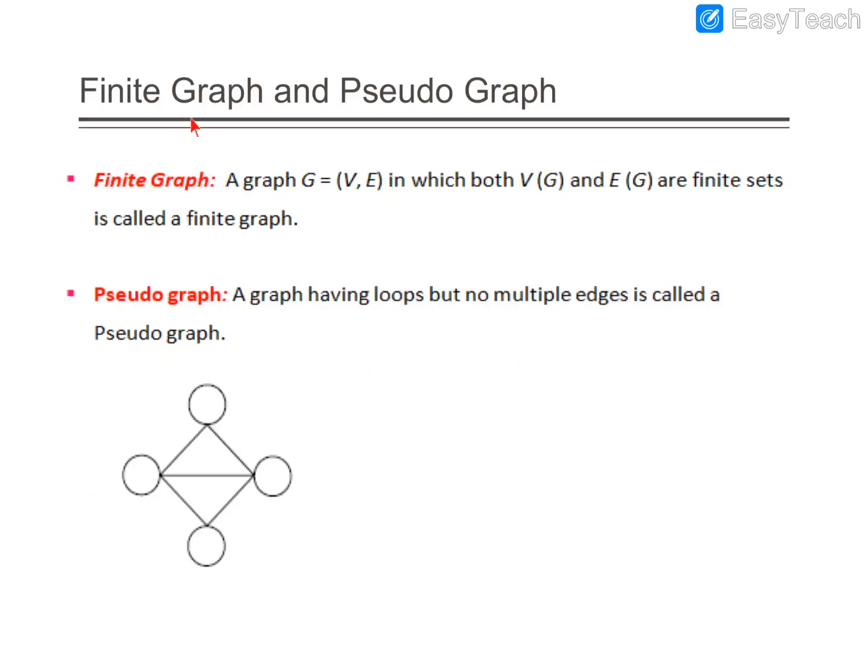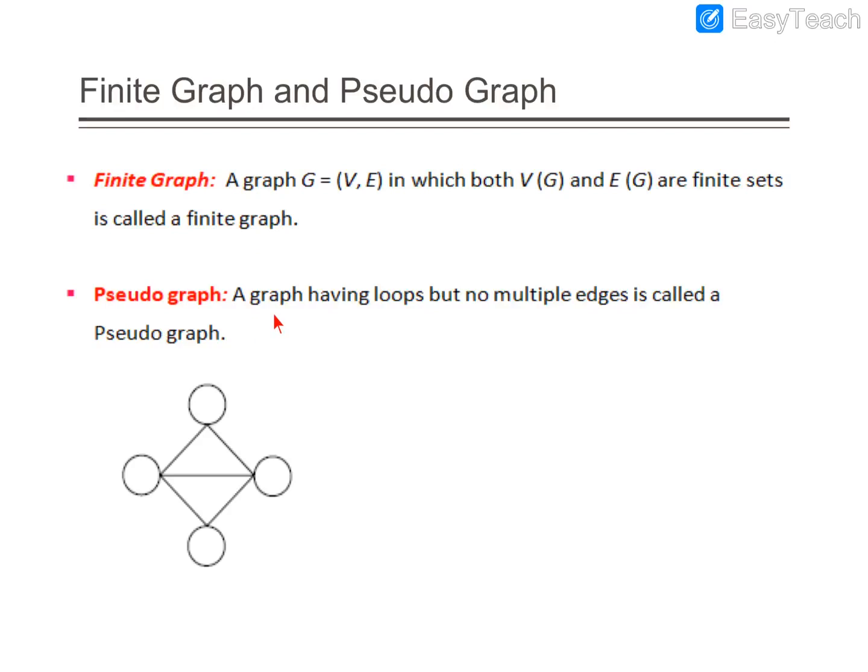Now, what is a finite graph? A graph G = (V, E) in which both the vertex and edge sets are finite is called a finite graph.